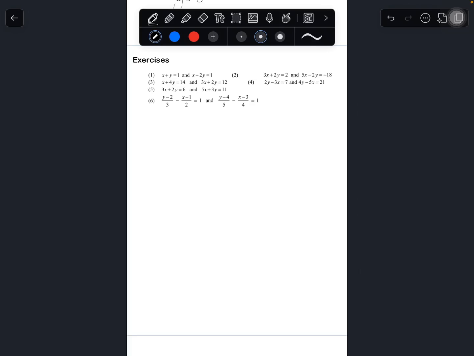We have x plus y equals 1, and then x minus 2y equals 1. What are you going to do in a case like this? Are you going to add or subtract? Since they're both positives, we're going to subtract them.